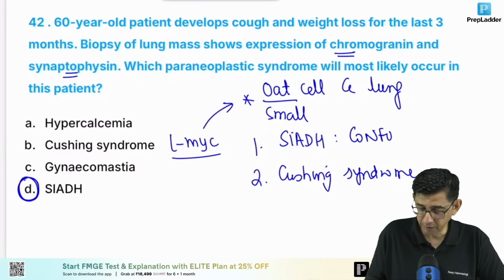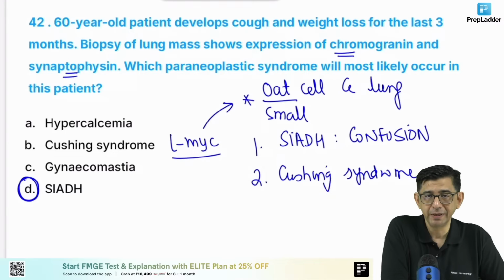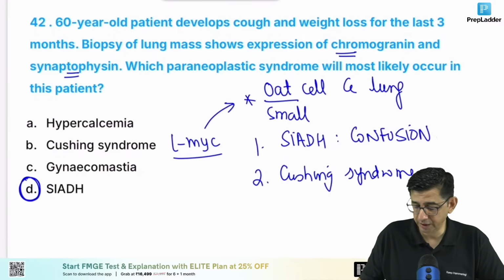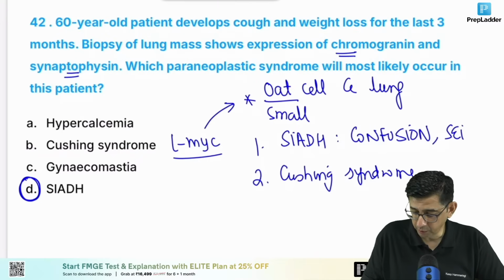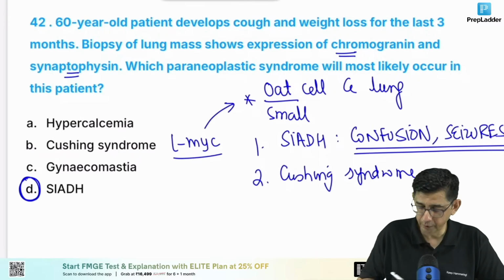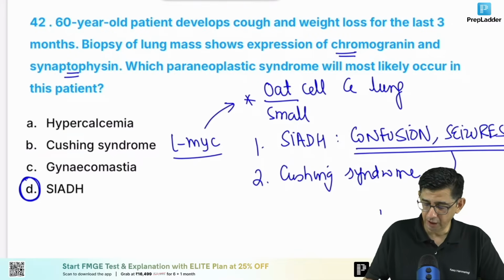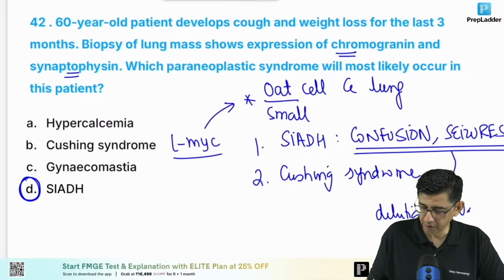So in the symptoms, it will be written cough, weight loss, early satiety, and then he will say confusion, disorientation and seizures. The moment you read about a lung cancer patient having confusion and seizures, you have to think in terms of SIADH, because SIADH will cause more water to come into the body and that will contribute to development of dilutional hyponatremia.